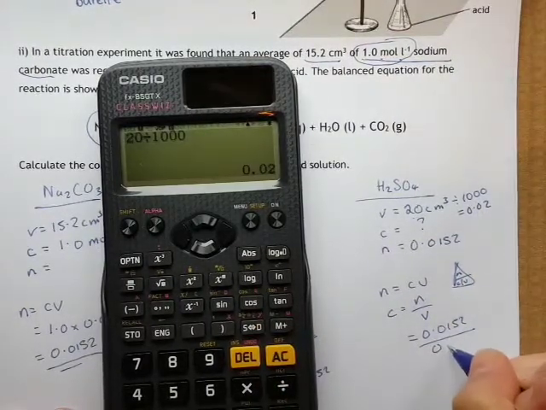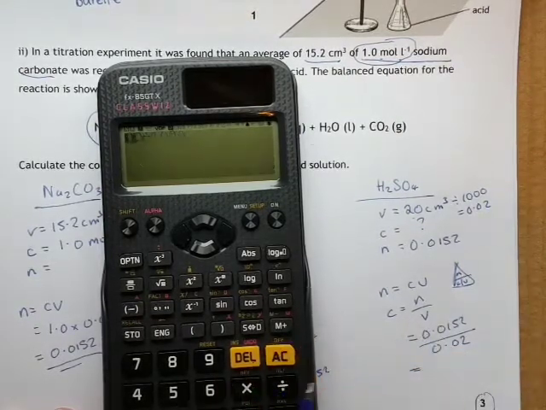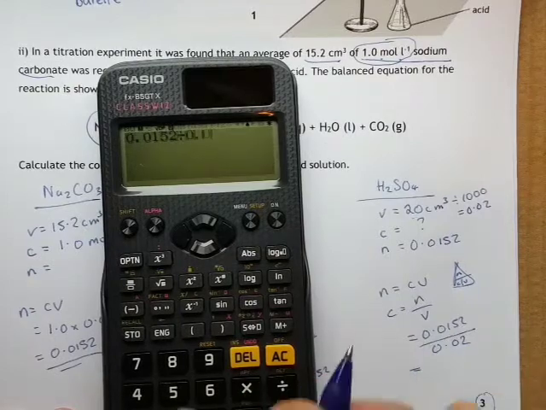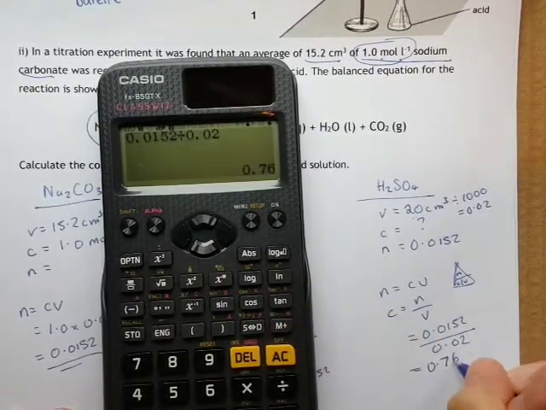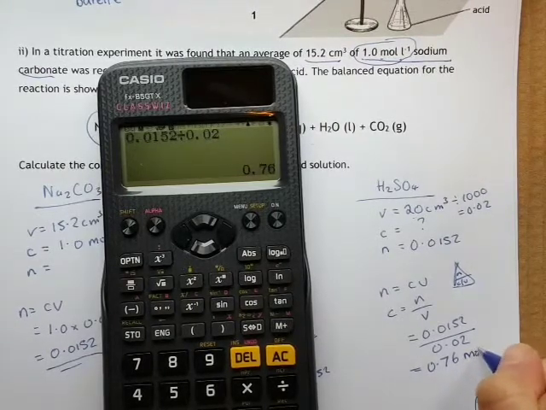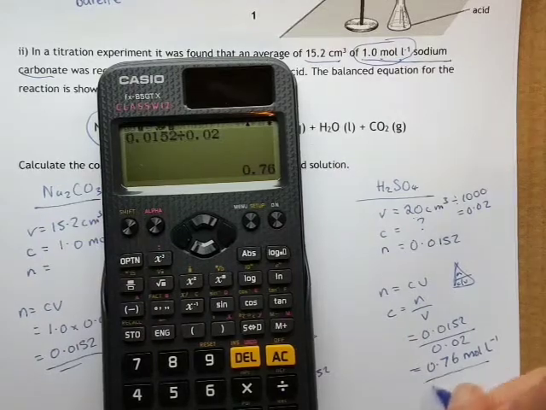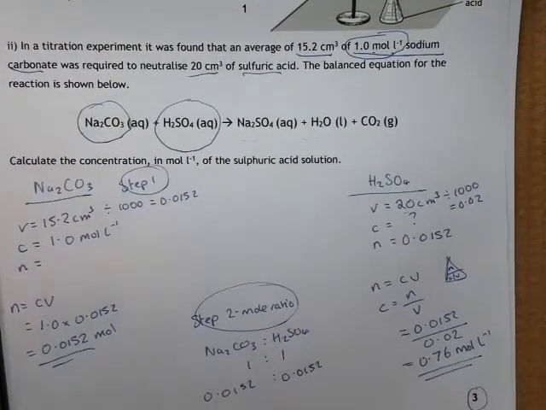So 0.0152 divided by 0.02, and that is going to give us 0.76, and the concentration is measured in moles per litre. Okay, so again, I've just double underlined my final answer there.